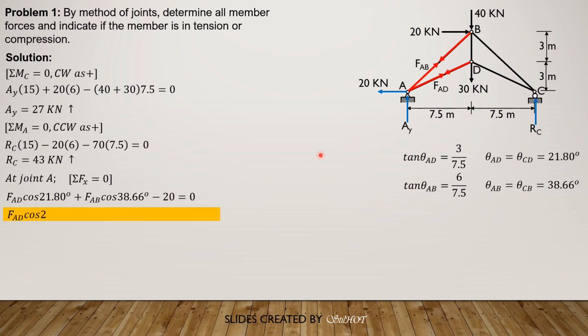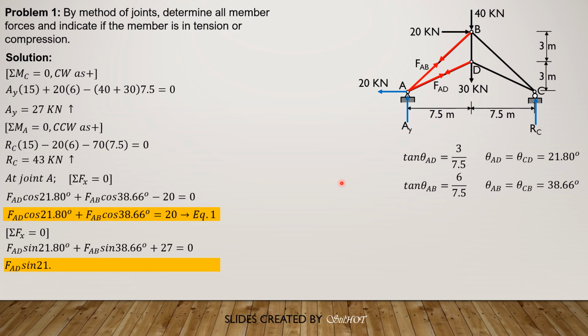Simplifying, FAD cosine 21.8 degrees plus FAB cosine 38.66 degrees equals 20. Call that equation 1. Summation forces y equals 0, and we have FAD sine of 21.8 degrees plus FAB sine of 38.66 degrees plus AY, which is 27, equals 0. So FAD sine 21.8 plus FAB sine 38.66 equals negative 27.